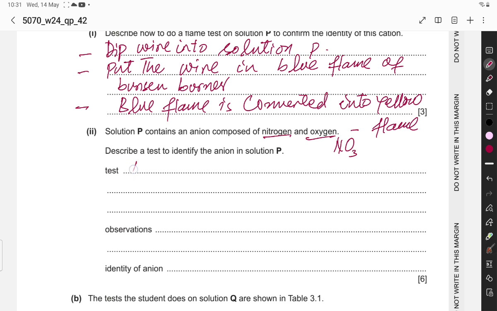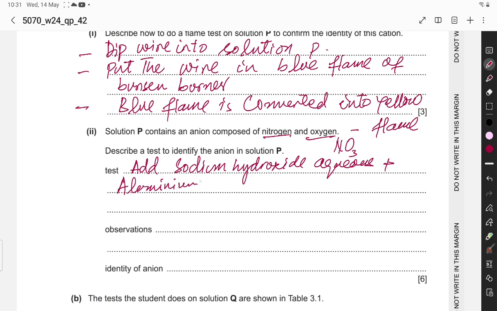So add aqueous sodium hydroxide plus aluminium foil to solution P, and then warm the mixture.